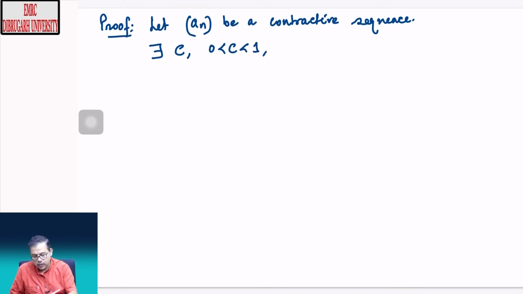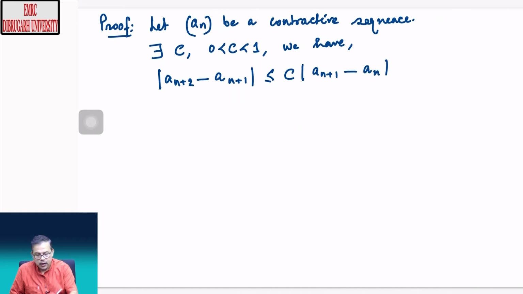We have |a_{n+2} - a_{n+1}| ≤ C|a_{n+1} - a_n| for all n in the set of natural numbers.